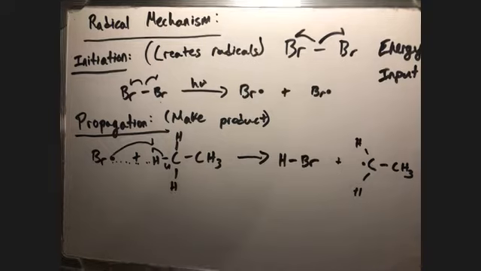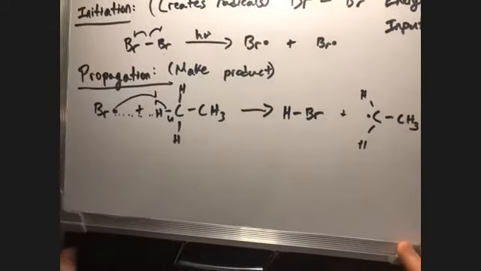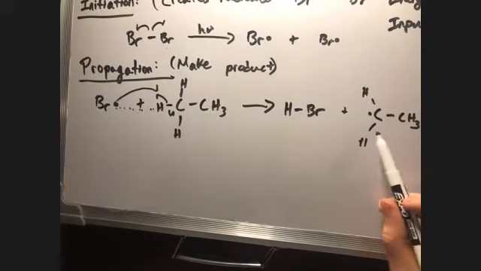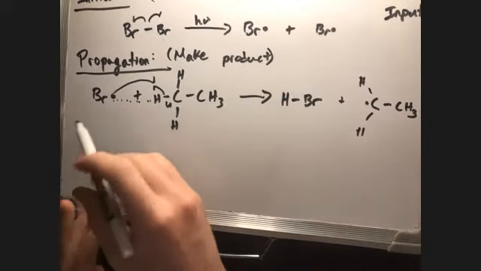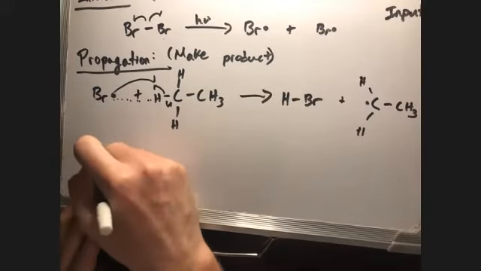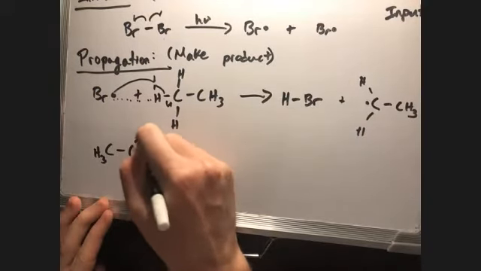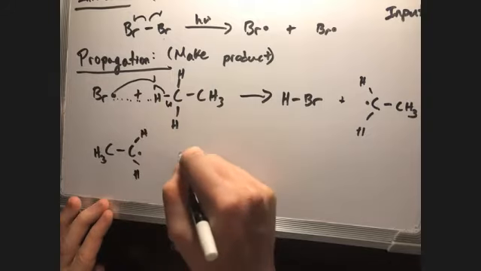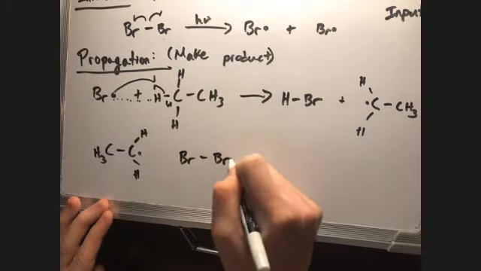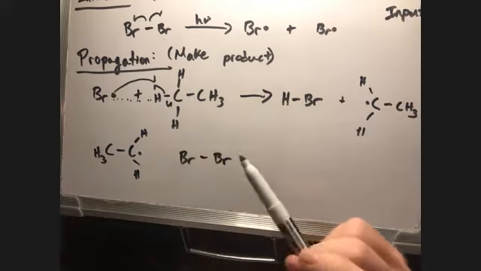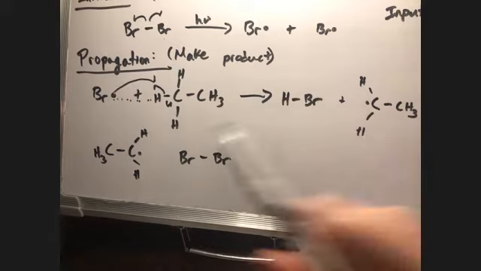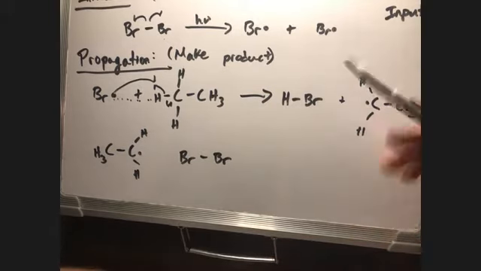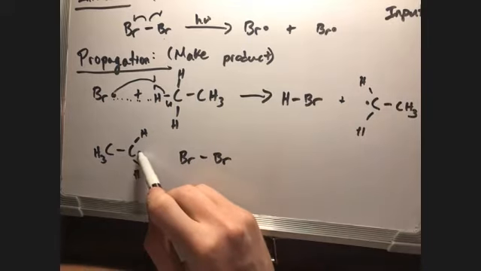Okay. Then you have another propagation step where this radical that you created, the carbon radical, can react with the Br2 as in its diatomic state, its molecular state. So that is like this. And now this bromine-bromine bond is relatively weak when exposed to a radical. So that's why once this initiation has occurred, this is always going to just proceed very quickly.